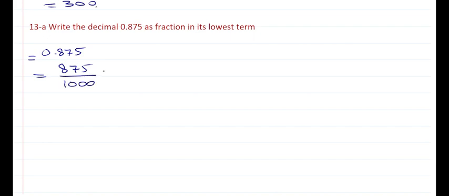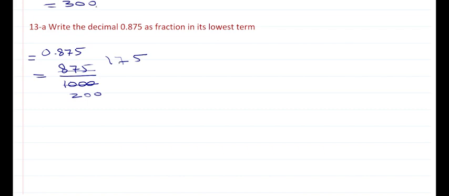So let's reduce this. 5 ones are 5, 3 and 7 make 37, so 5 sevens are 35. Between 35 and 37 you have a balance of 2, so that 2 becomes 25, 5 fives are 25, and this will be 5 twos are 10, 500.